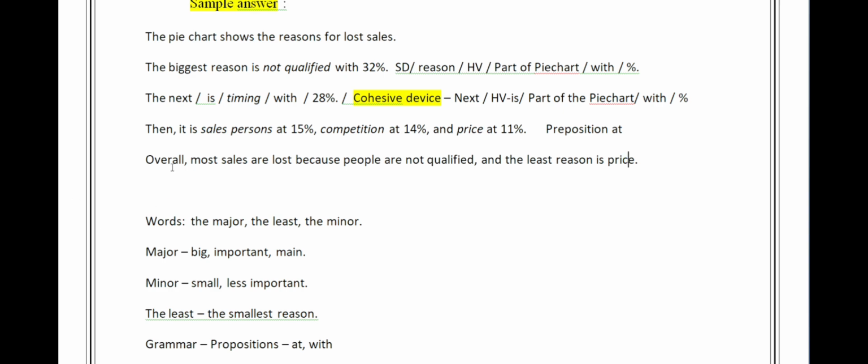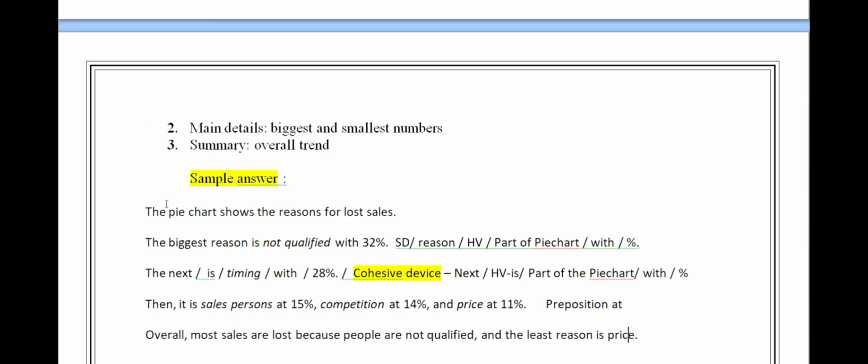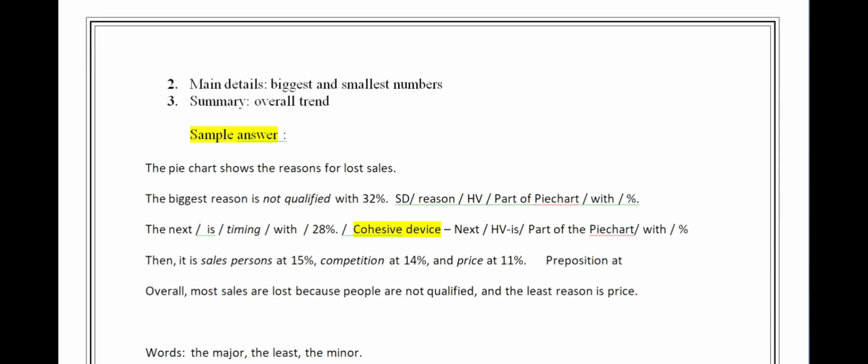And then it is overall, the last part. What is it? Summarize the overall trend. What we shall do is, slowly, if we are learning all these patterns and words, then we can go with time, and we can go with instant rehearsal. We shall see the question and instantly we can make an answer. So here we see the last sentence.